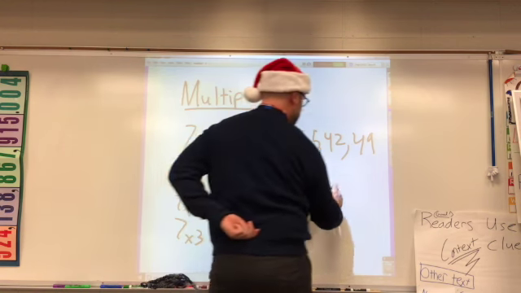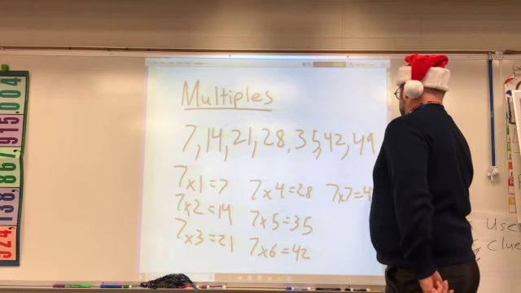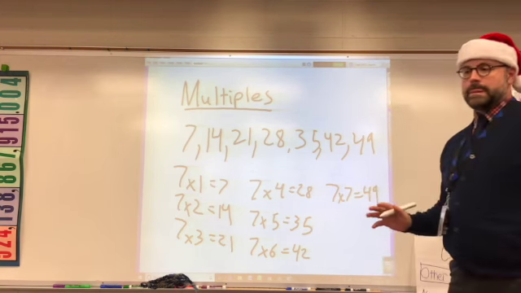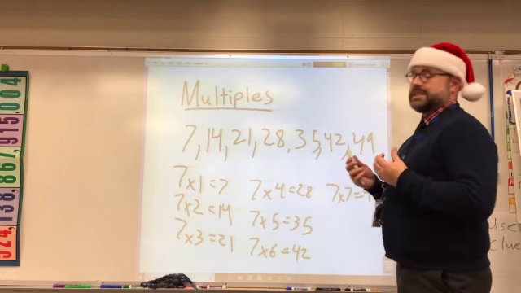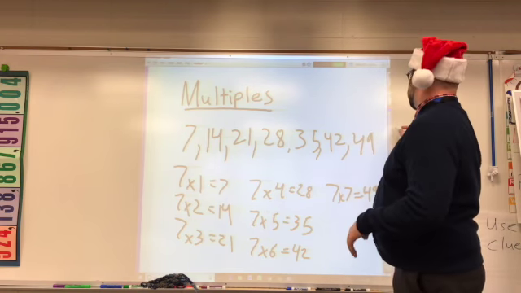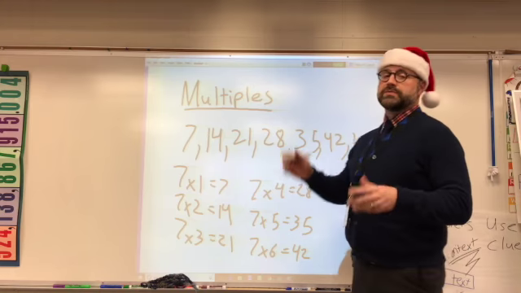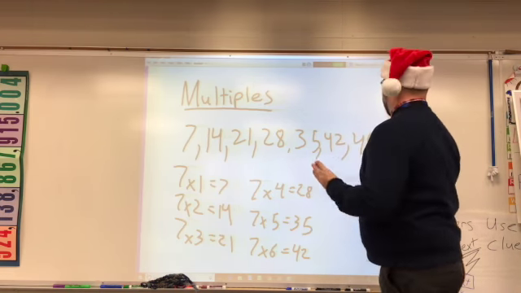And 7 times 7 equals 49. So it's just skip counting. If I ask you for the first 5 multiples of a number, you're going to just skip count by that number 5 times.